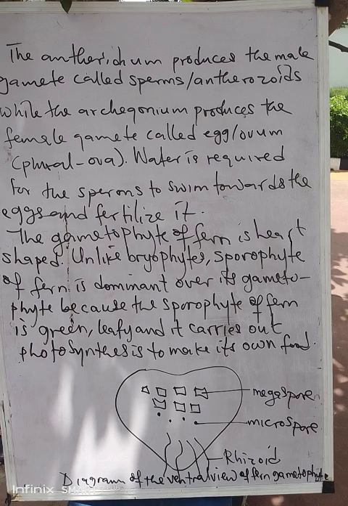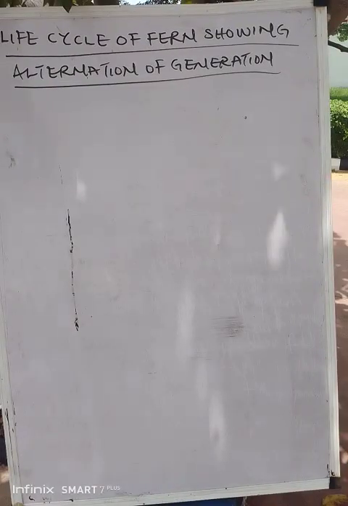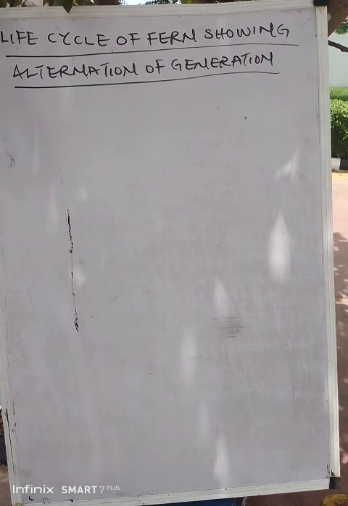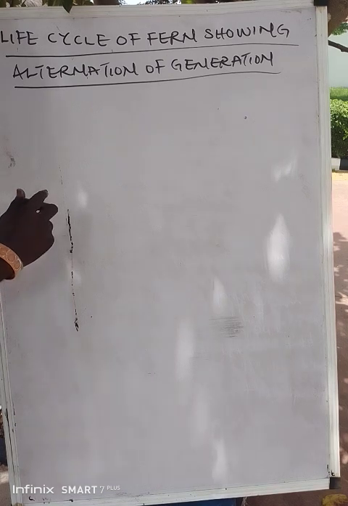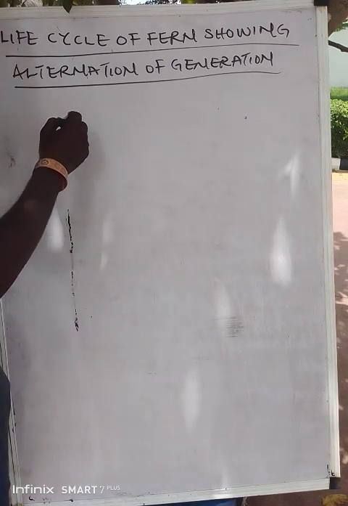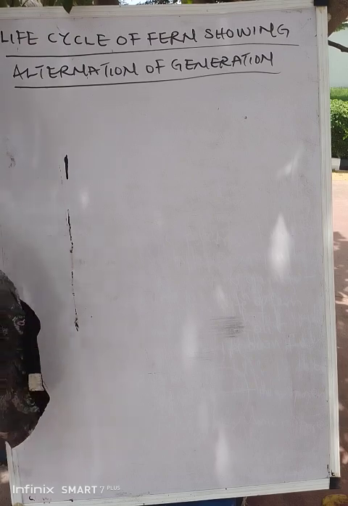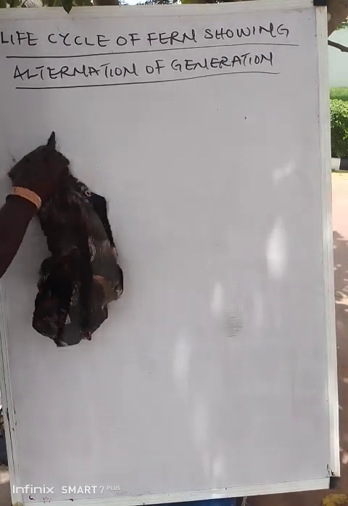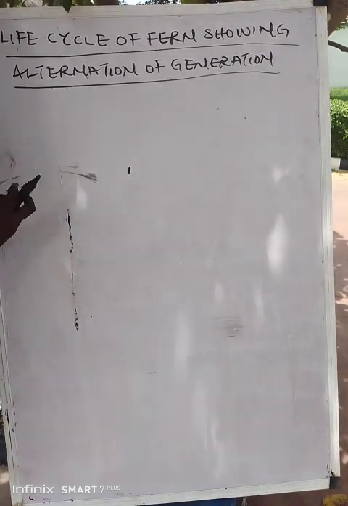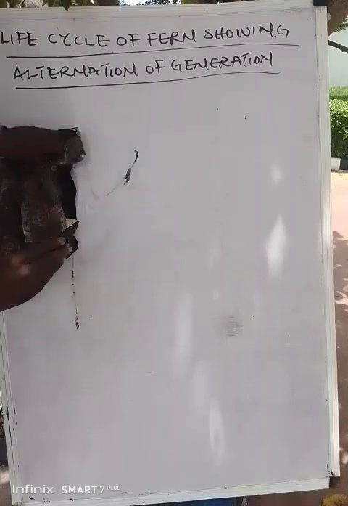So let's look at the life cycle of fern plants, showing that it undergoes alternation of generation. We are starting with the gametophyte. That is like a heart. That has a heart shape. So let's look at that.